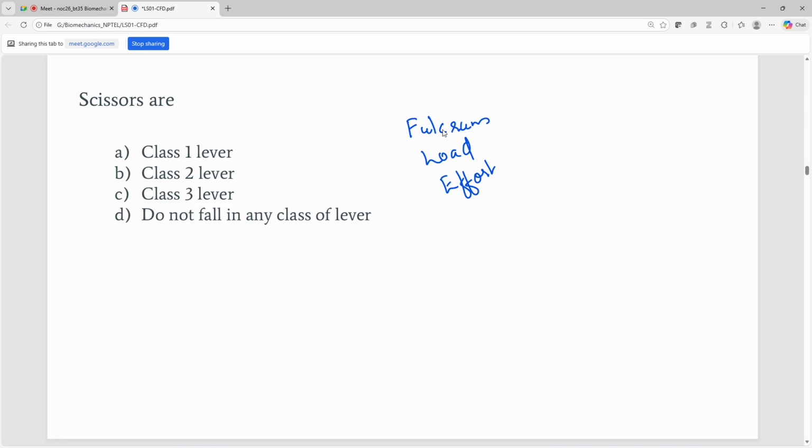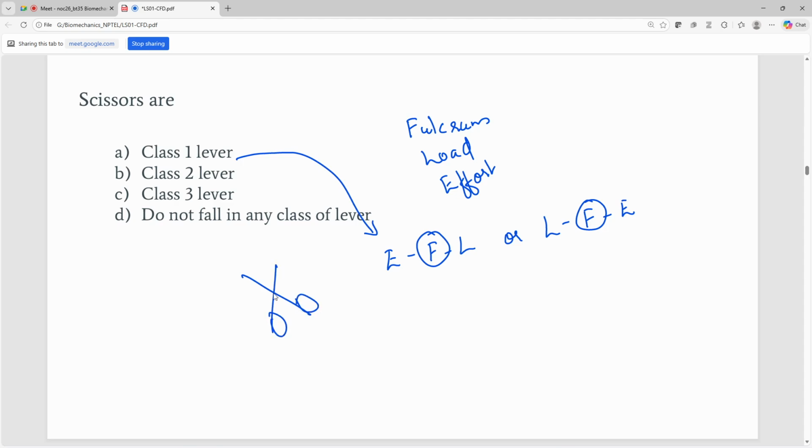If the arrangement is like EFL or LFE, that is the fulcrum is in the middle, then that type of lever is known as a class 1 lever. In scissors, the load will be at one end, effort will be given at the other end, and the fulcrum is in the middle. So this is a type of class 1 lever system.